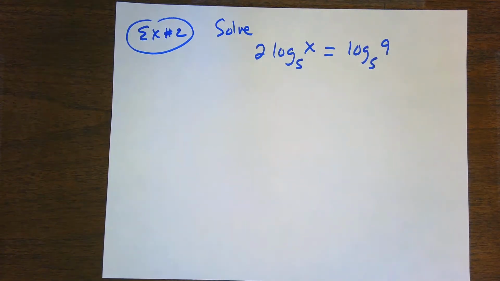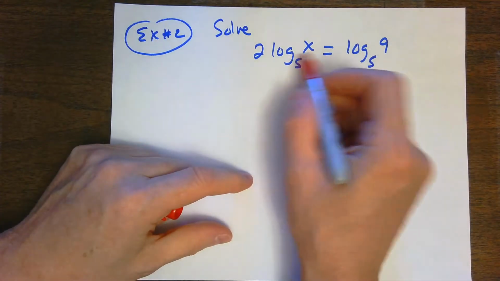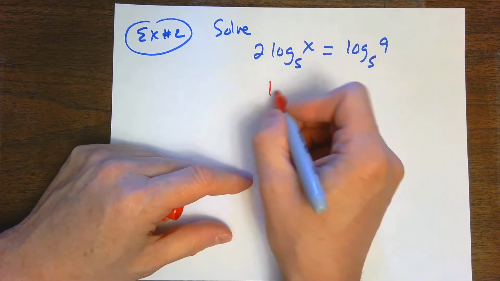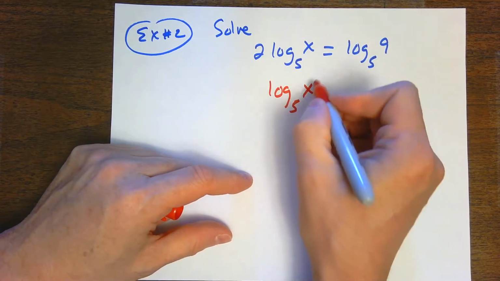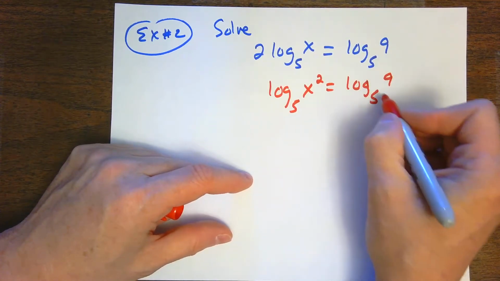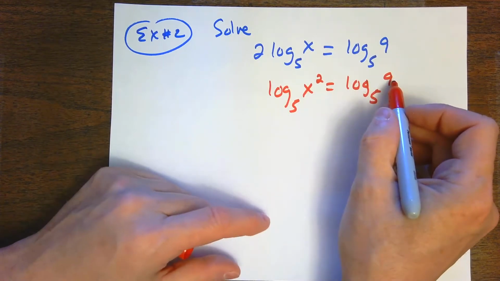Rewriting might be one of the keys here, but I've got logs on both sides. I'm going to deal with this power here. I'm going to put the 2 up there and use the power rule. And I get log base 5 of x squared equals log base 5 of 9.